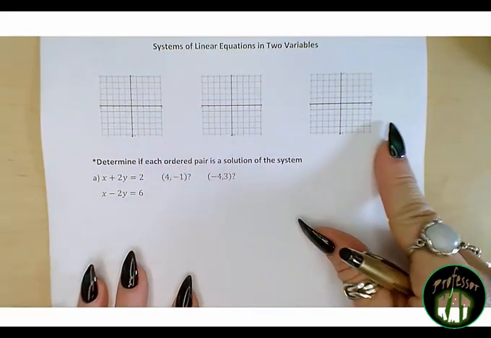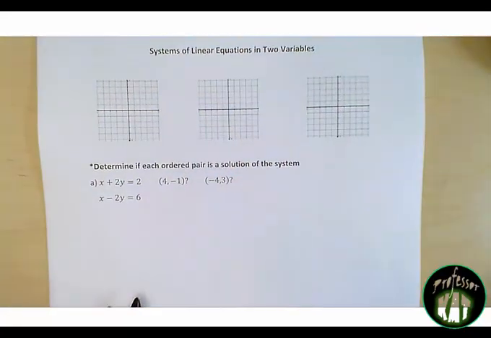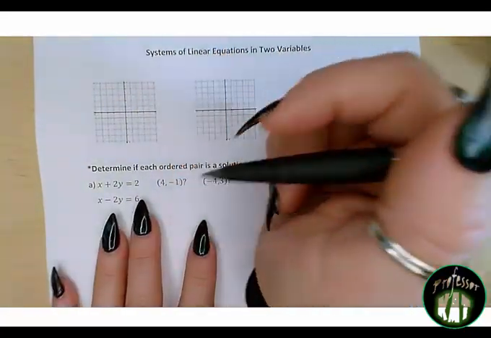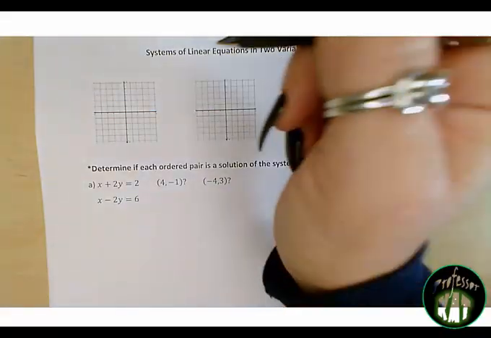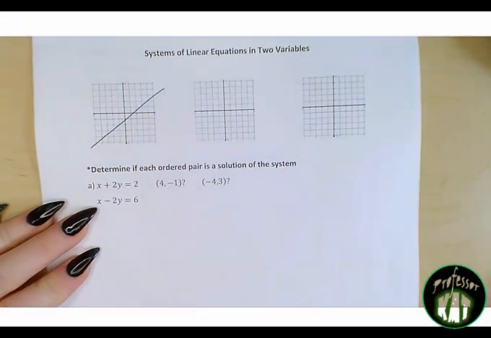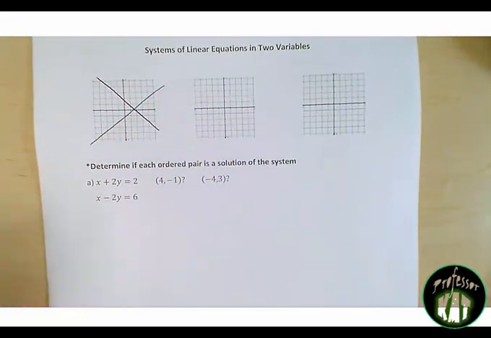Now, for a visual of the different scenarios that we can have from this, your most common case, if you're given two equations, and if you were to graph those two equations, let's just say one of my lines looks something like this, one of my lines looks something like that. They're two random equations that you would have.